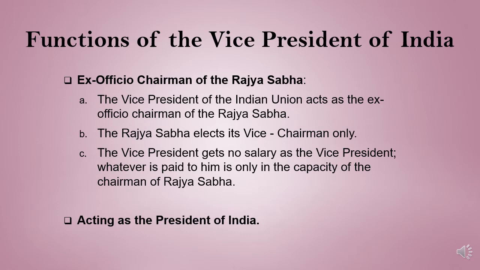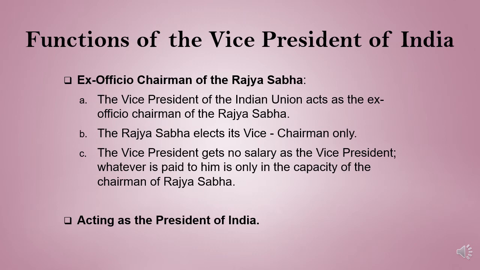The vice president acts as the president only when the seat or the position of the president is vacant. In which conditions? At the time of casualty, any mishap, or at the time of resignation or impeachment. If any of these things happens, then only the vice president takes charge of the president.